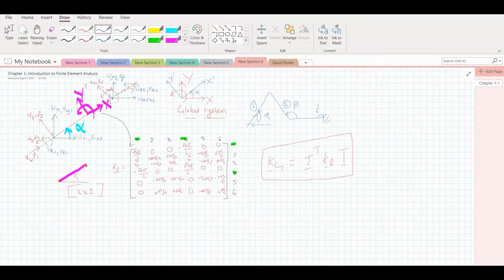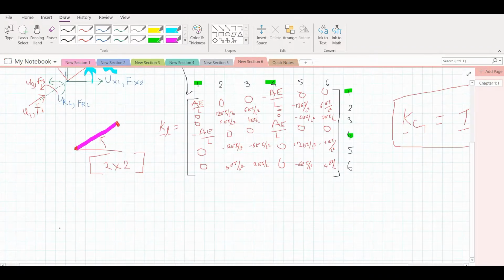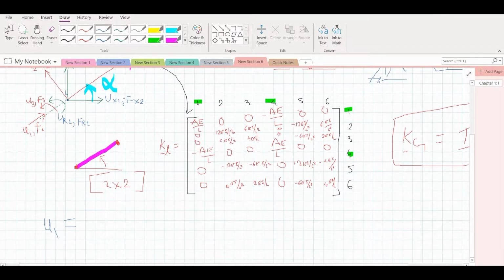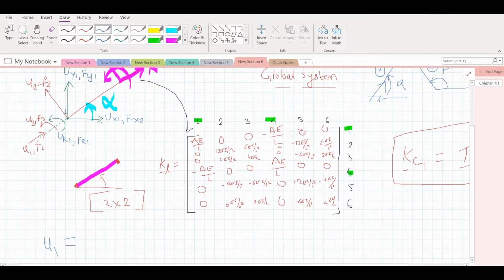For example, let's take degree of freedom 1 here, where we have our displacement value as u1. Now this u1 would be equal to ux1 cos alpha plus uy1 sin alpha. That's our local displacement at the first degree of freedom.